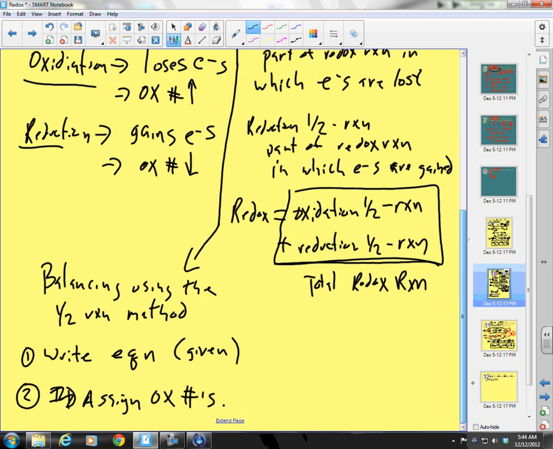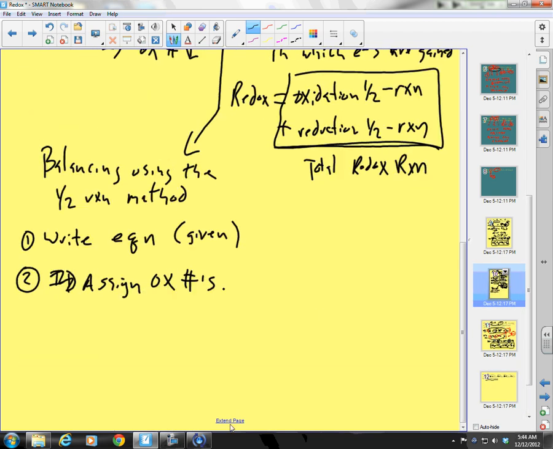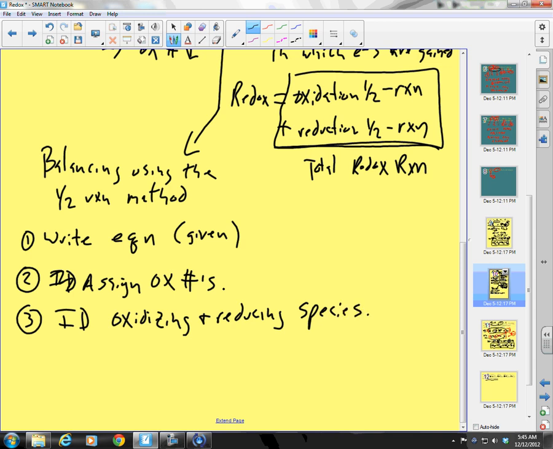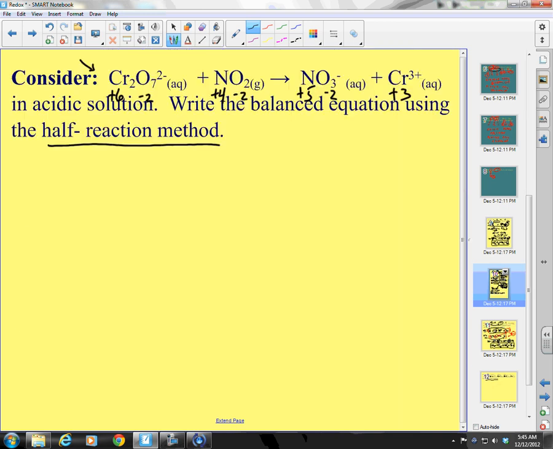Good. Now what do we want to do? Next, we want to identify what is oxidizing and what is reducing. We want to ID the oxidizing and reducing species. Okay, good. Here we go. What is oxidizing? Well, chromium is going from plus 6 to plus 3.